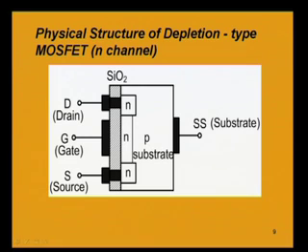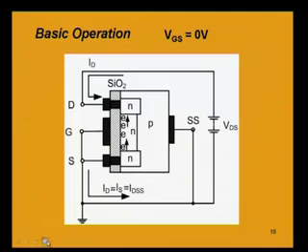Now, let us see how the current conduction takes place. For that, let us first consider that gate to source voltage is 0. Now, as this is a MOSFET having p type substrate, n type drain and source, and there is an n channel in between drain and source.